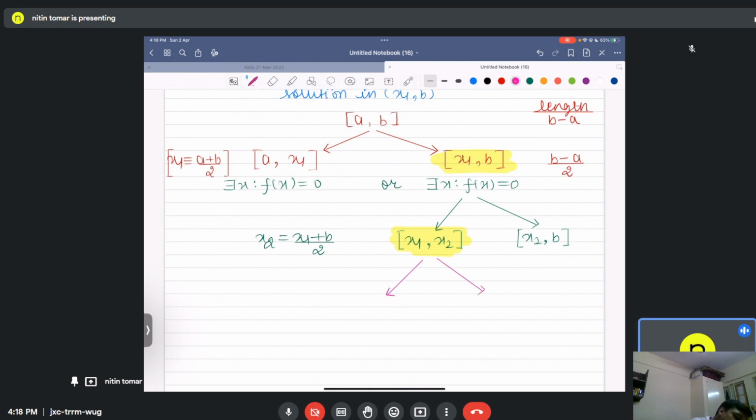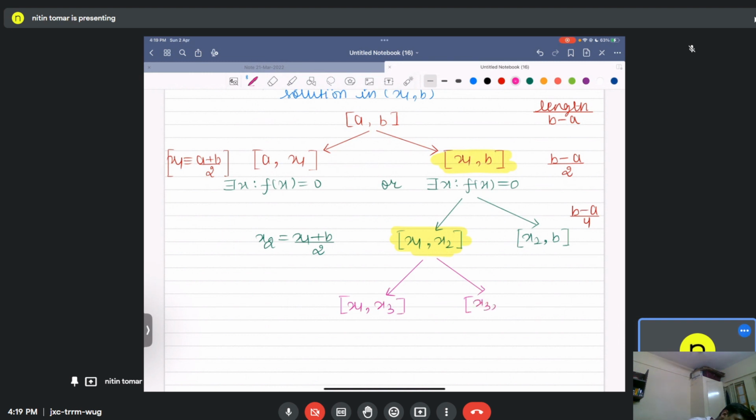So at this stage what is the length? At this stage the length was b minus a by 4. So then you will have x1, x3, something like this. I'm just writing it roughly so as to make you understand what is happening.